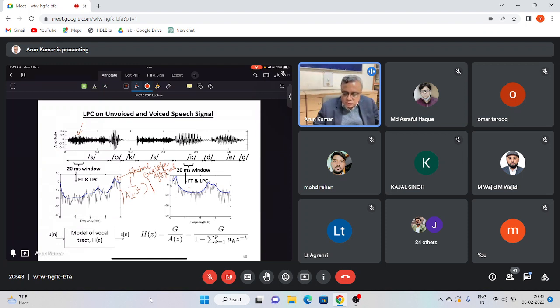So again, we see that the blue line essentially forms the envelope of the signal spectrum.